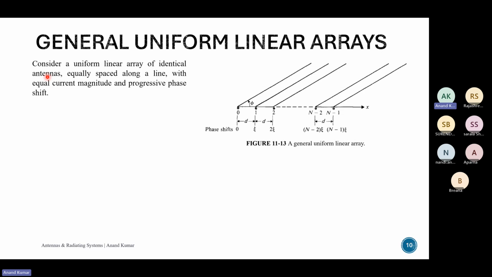So all of them are being fed equal magnitude of current, and then they have progressive phase shift. These are the constraints that we're starting with for our array, and then later we'll see an example where we change the magnitude of the current.